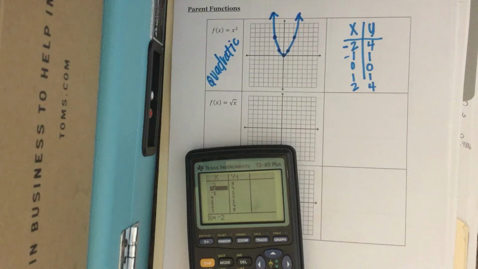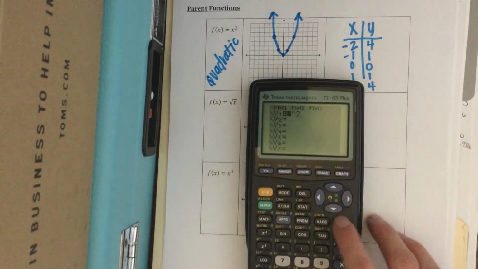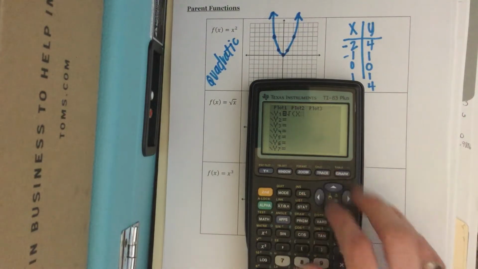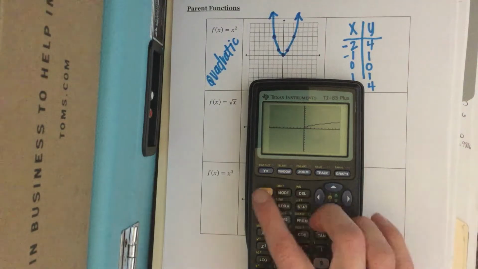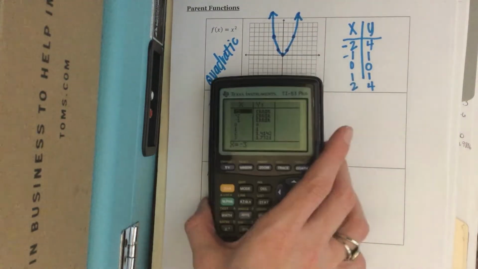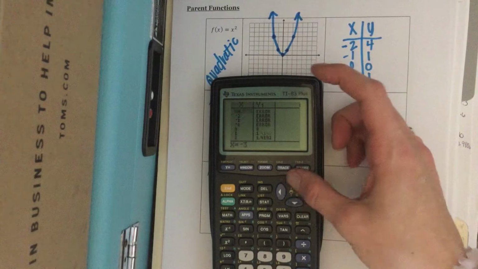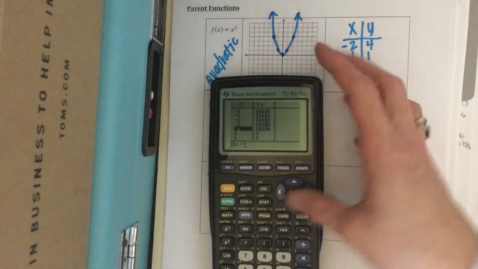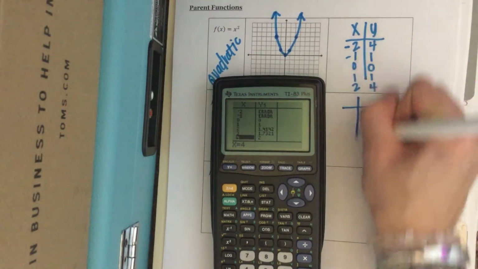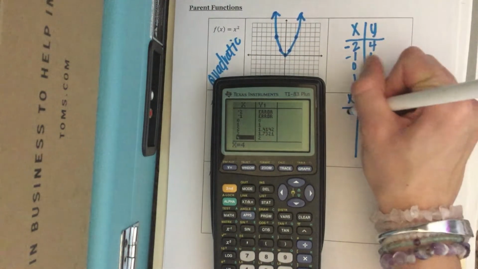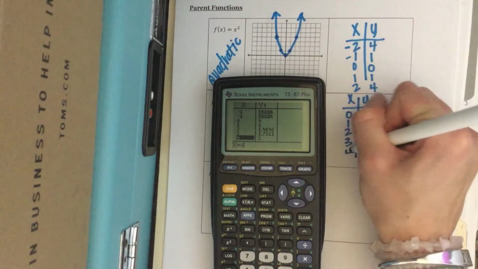Okay, let's do the next one. Now we're going to do square root of x. You get that graph. Second graph: see how it says error, error, error, error? That just means there's nothing on the left side of this. On the right side, we're going to start at 0: 0, 1, 2, 3, 4.